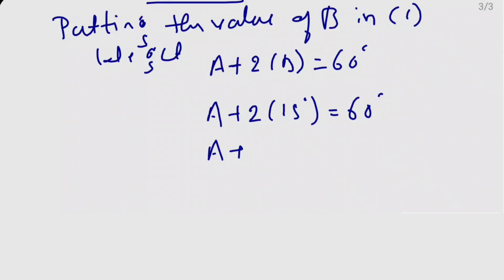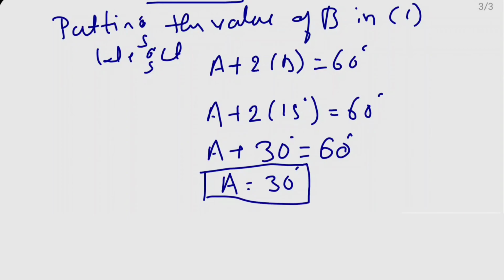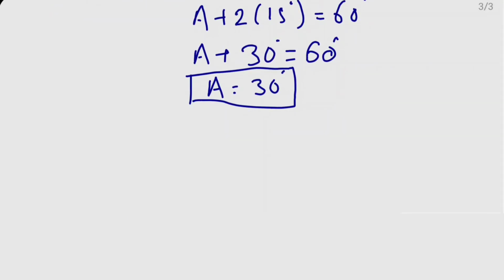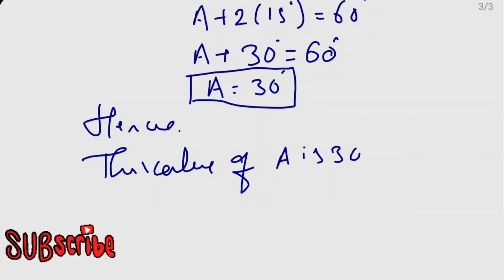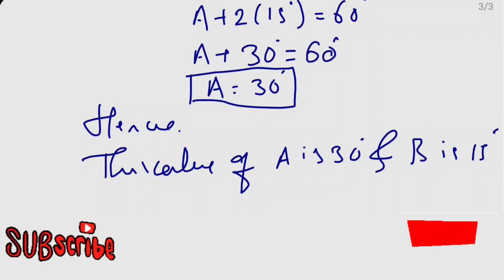A plus 2 into 15 is 30, equals 60, then A equals 30. So here, hence the value of A is 30 and B is 15. Is it clear?